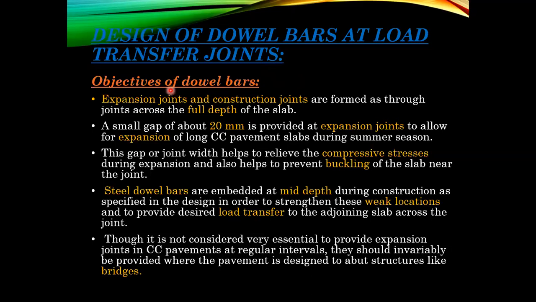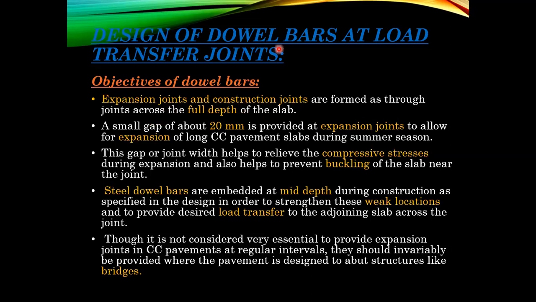Expansion joints will be provided for the summer season, so that your pavement can expand. Another one is the construction or contraction joints. Contraction joints are provided during winter season. These joints are formed as through joints across the full depth.